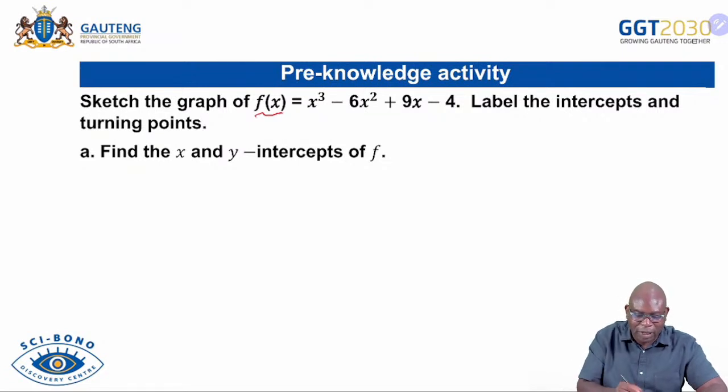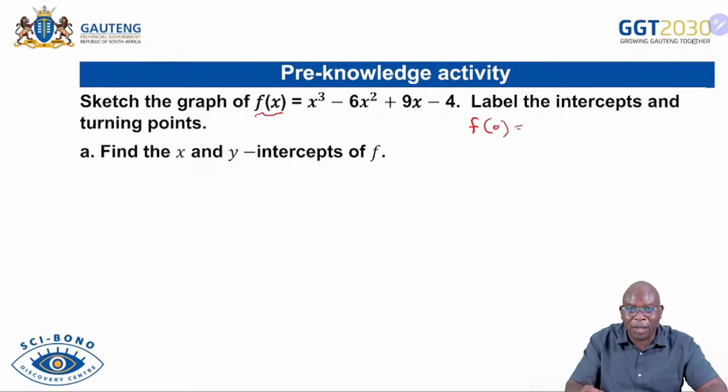So now to get my y-intercept, I'm going to get f of 0. So if I put x equals 0 there, the only value that is left will be minus 4.